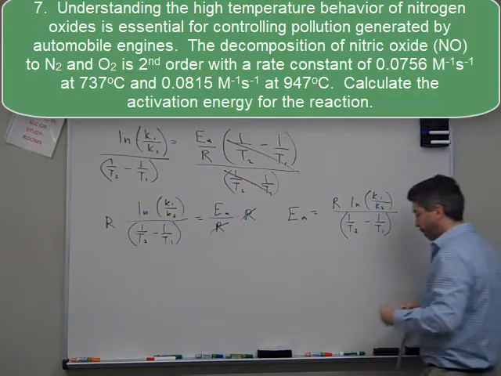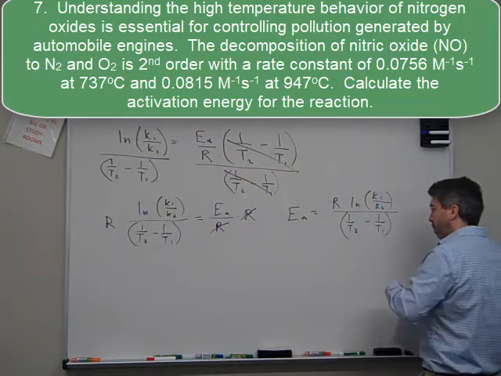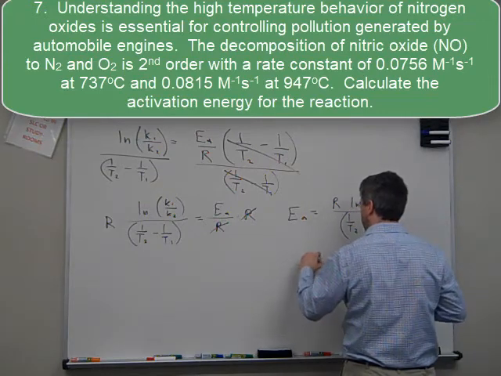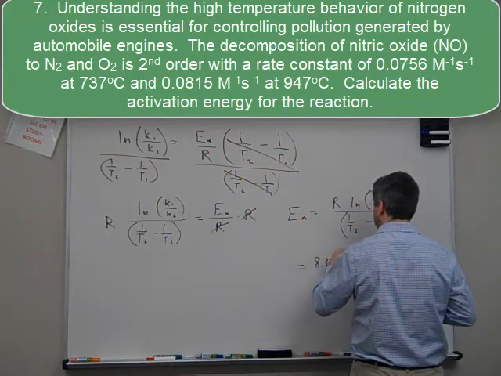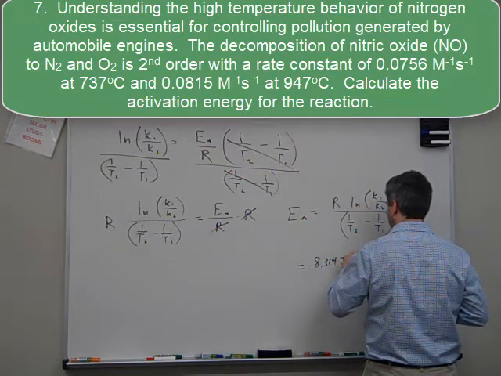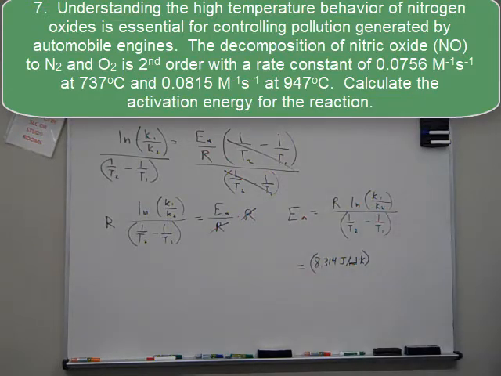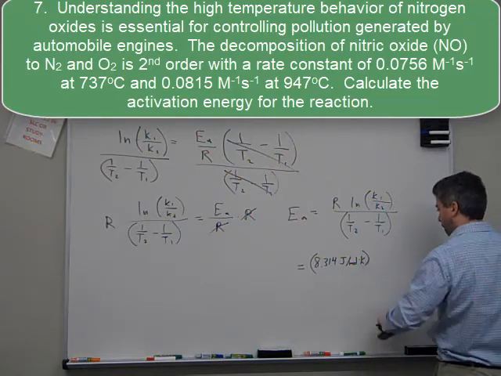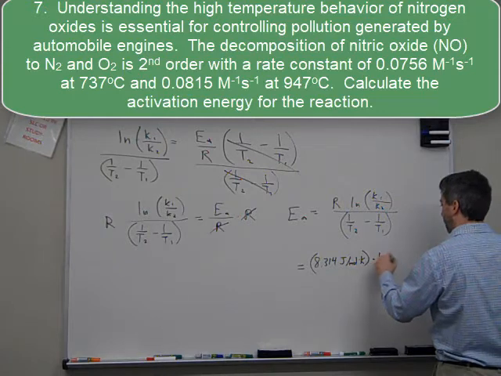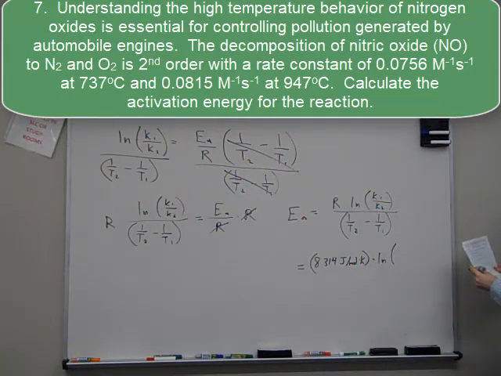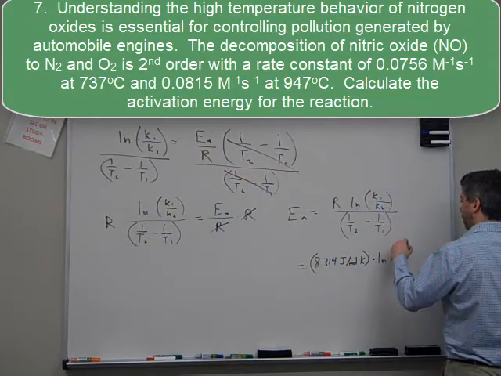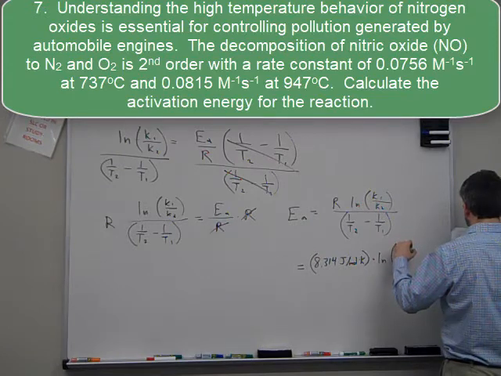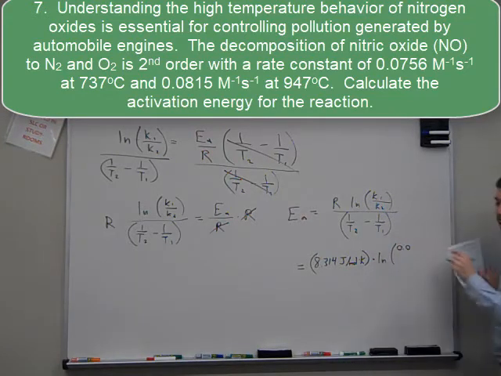So in this case, the R value that you're going to be using is essentially the ideal gas law constant, which is 8.314 joules per mole Kelvin. That's your R value, 8.314 joules per mole Kelvin. And then I have that times the natural log of K1, which is 0.0796. Now the truth is, you could use either one as K1, but you have to be consistent that the K1 and the T1 go together.